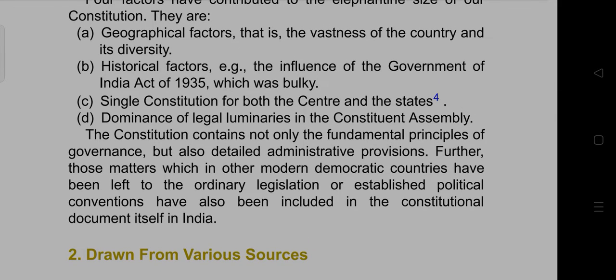The Constitution contains not only fundamental principles of governance but also detailed administrative provisions. Further, matters which in other modern democratic countries have been left to ordinary legislation or established political conventions have also been included in the constitutional document of India.